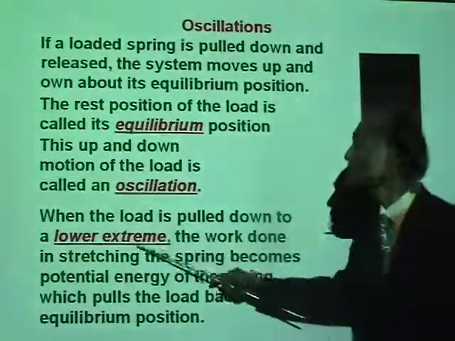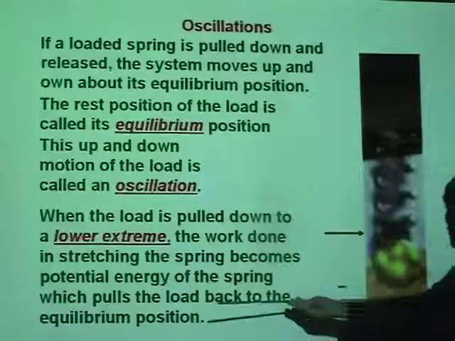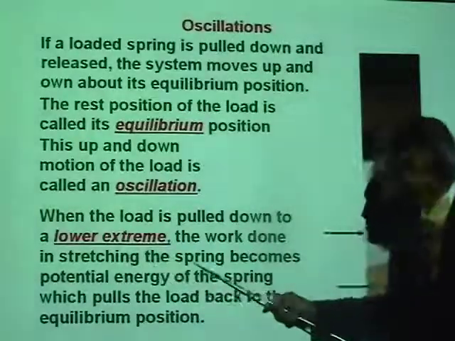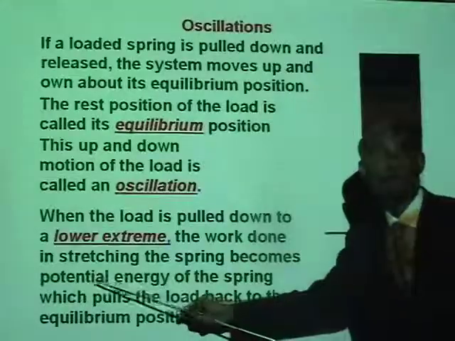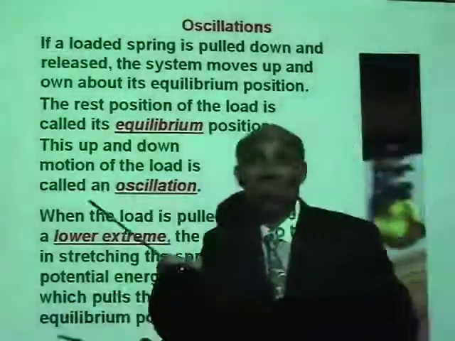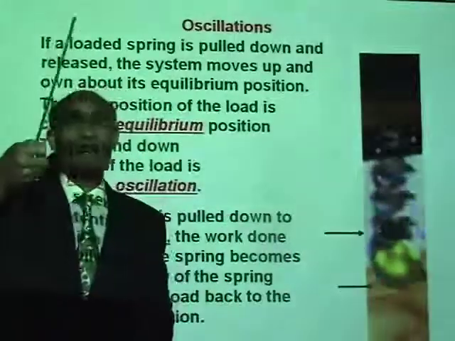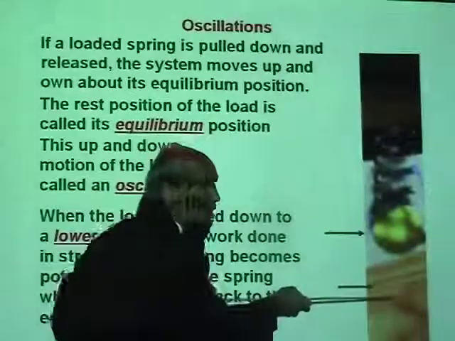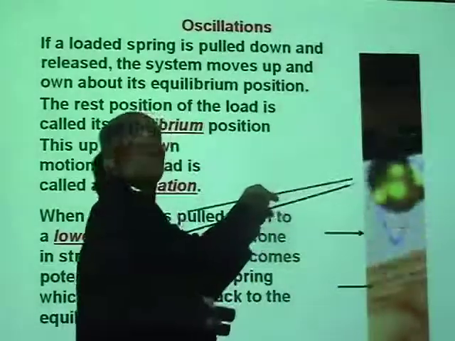When the load is pulled down to the lower extreme, the work done in stretching the spring becomes potential energy of the spring, which then pulls the load back, giving its kinetic energy. That means the load will now rush back to the equilibrium position. Alright?